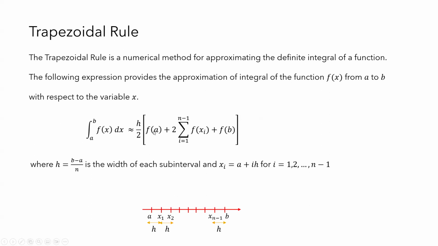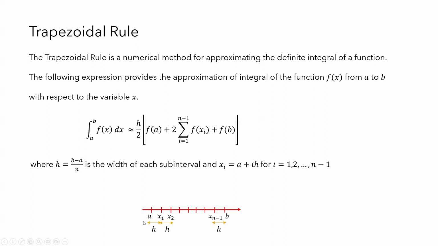So we have f of a and f of b, and then we divide that into intervals. Let's say we divide this into n parts. So the step size is b minus a over n.